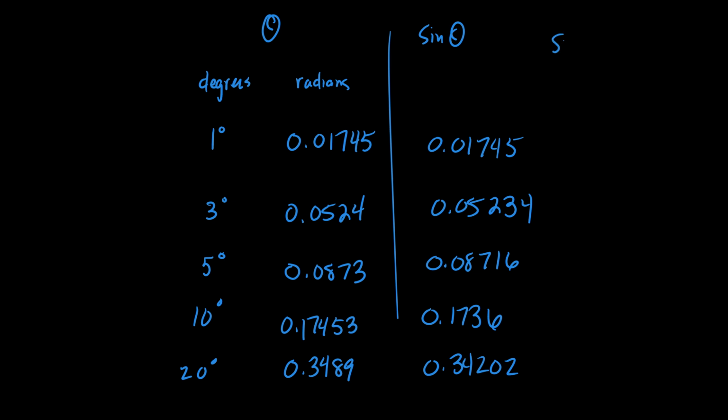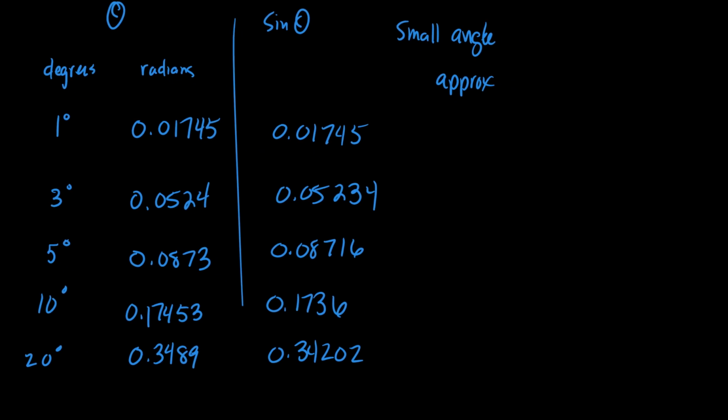It's called the small angle approximation. And it says this: theta is almost equal to sine theta for small angles in radians. That's all it says. That the angle is almost equal to the sine of the angle for small angles.